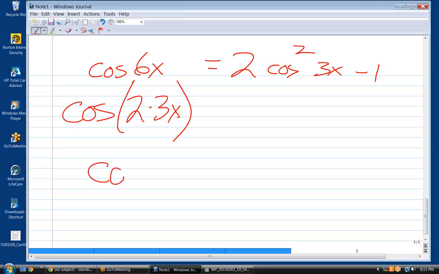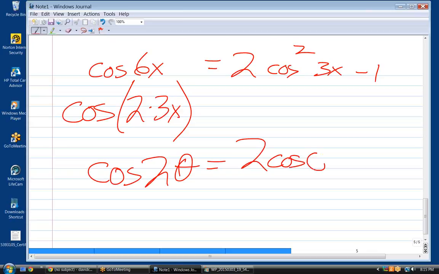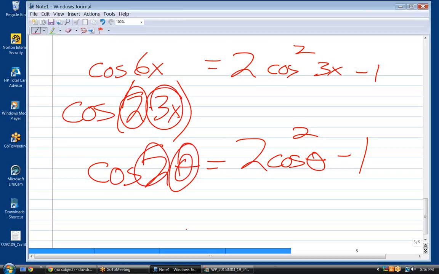And one of the cosine double angle identities is this one. So in my case, theta is 3x, right? In other words, this 2 is this 2. This 3x is that theta.